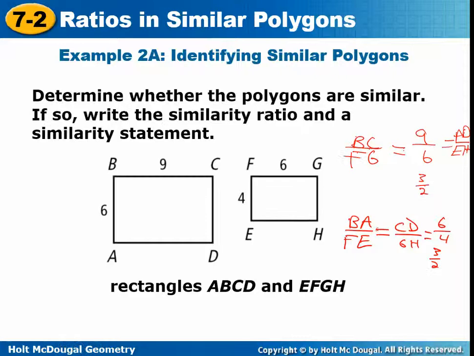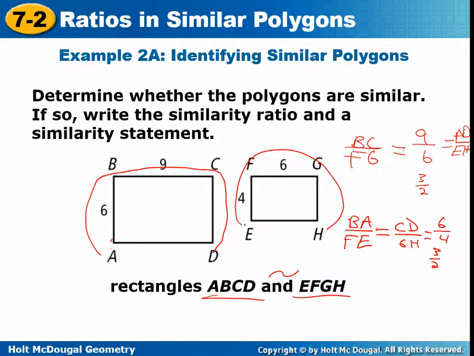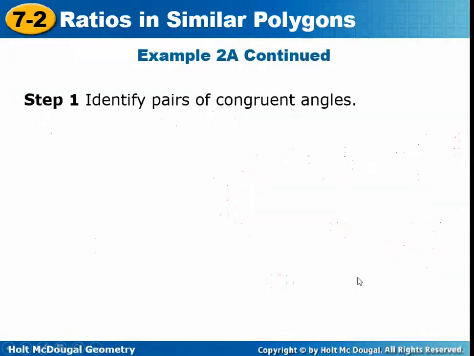Okay, so if I start with A to B to C to D for this first rectangle, then A corresponds to E and B corresponds to F. So they actually wrote these in the correct order, and you just need to put a similar sign between them. Now often they won't have this listed out for you, and then you just say, okay, A has to go first, and E has to go first, and B has to go second, and F has to go second, and you'll just line them up, start in the same place, and go around. Make sure that the corresponding angles are listed in the same spot when you write them. Okay, we did that.